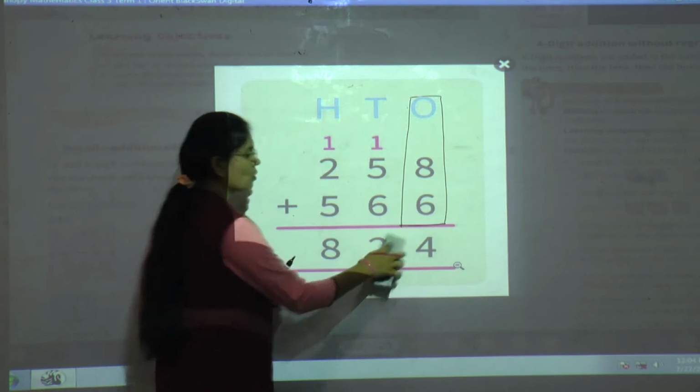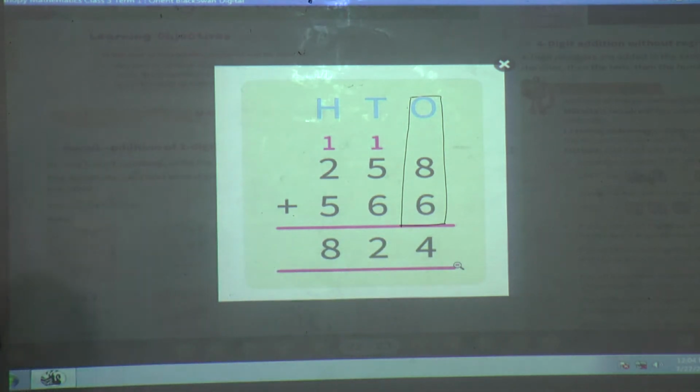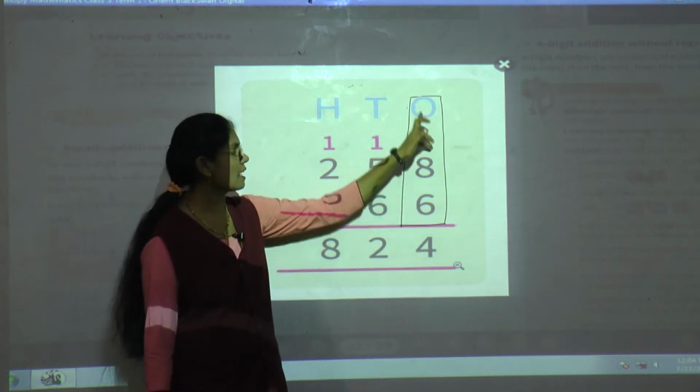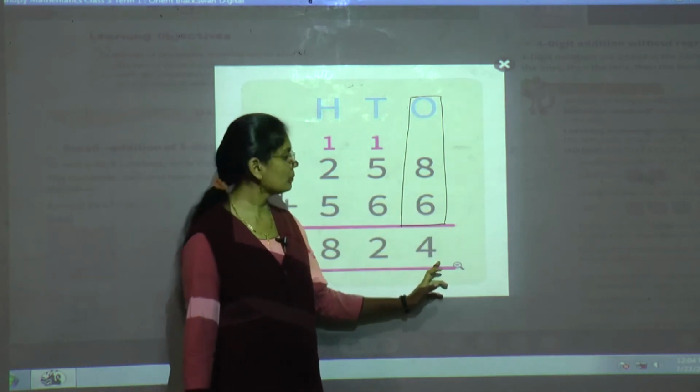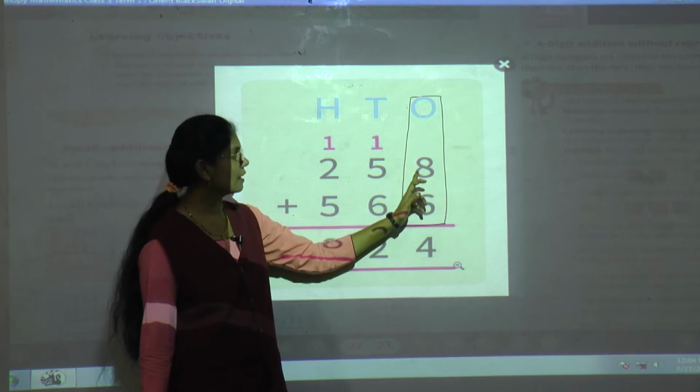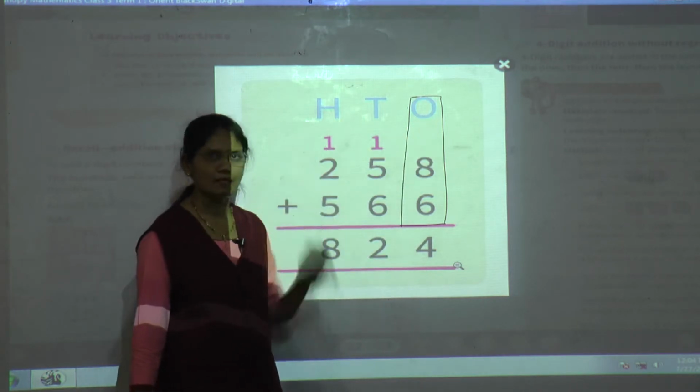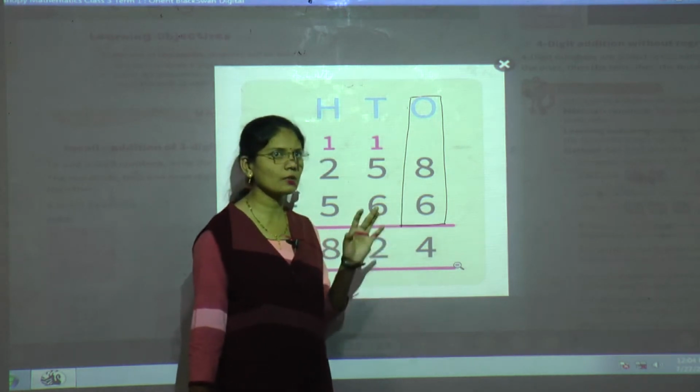First what we have to do? Always we should start the addition or subtraction, whatever is there, we should start from ones place only. So now at ones place there are 8 and 6, these two numbers are there at ones place. Now students, what you have to do?